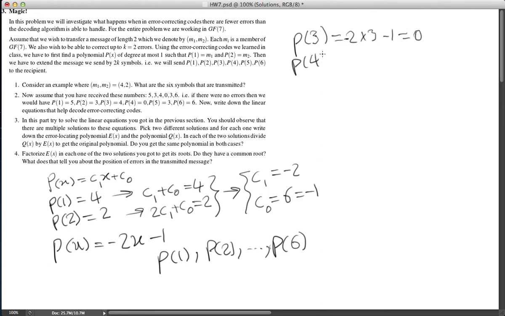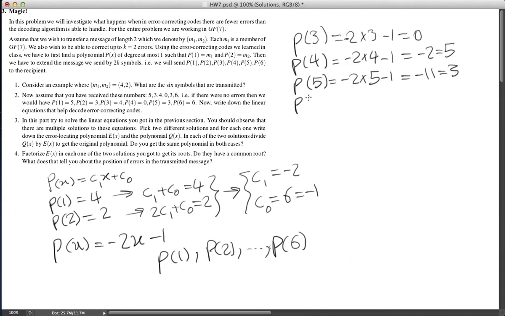Then p of 4 is just minus 2 times 4 minus 1, which is just minus 9, which is just 5. P of 5 is minus 2 times 5 minus 1, which is minus 11, which is just minus 4, which is 3.